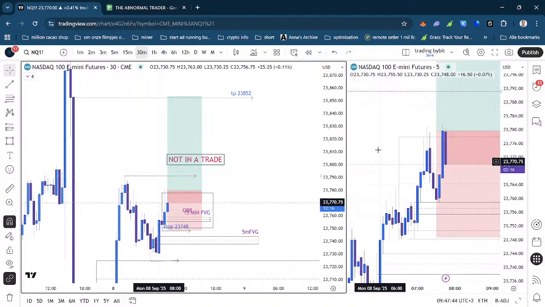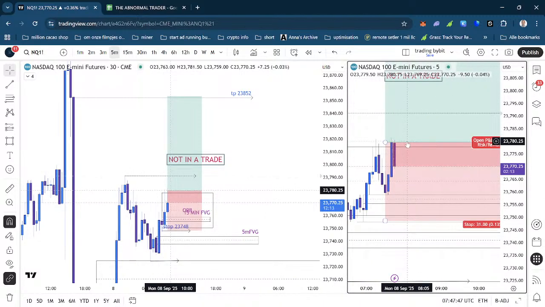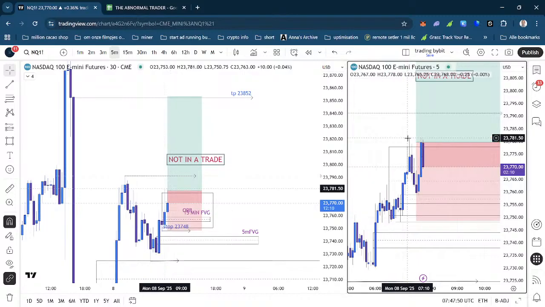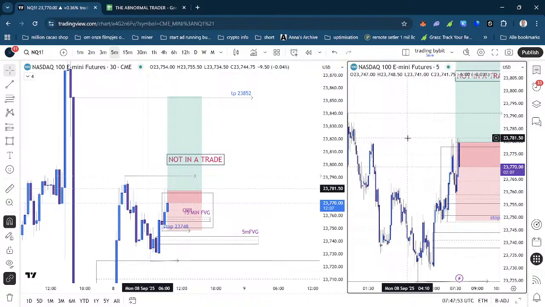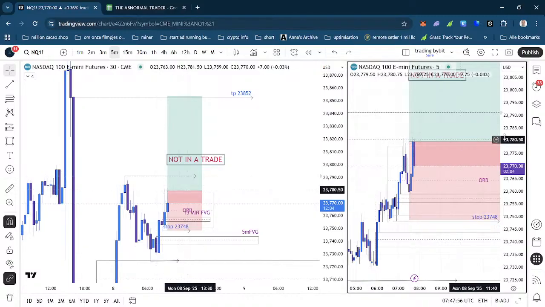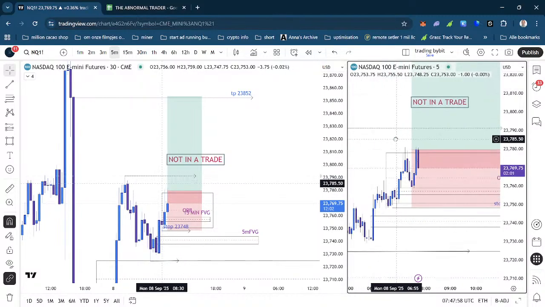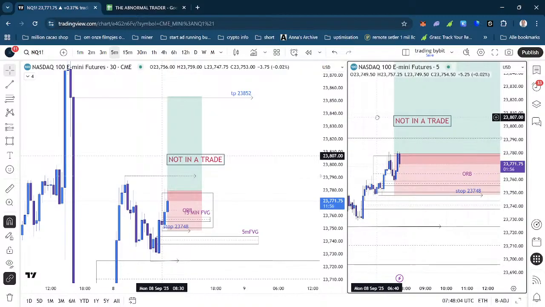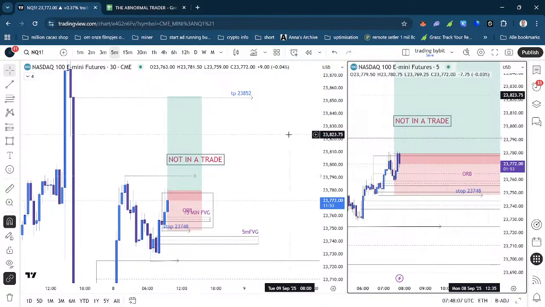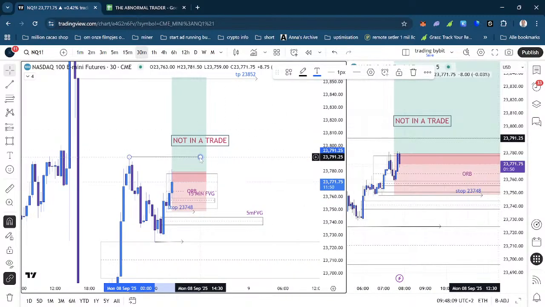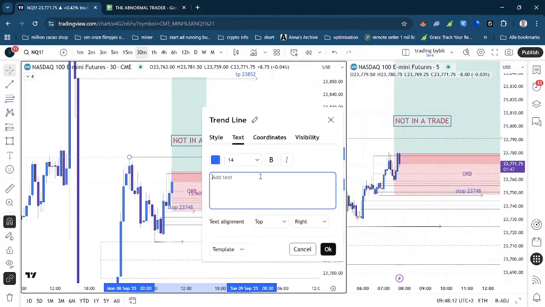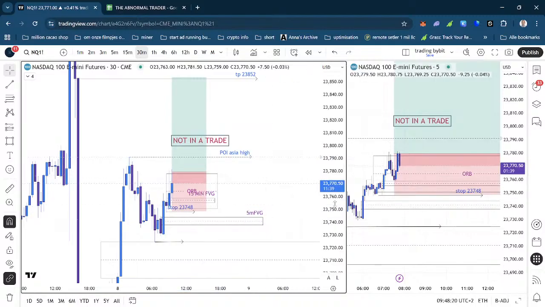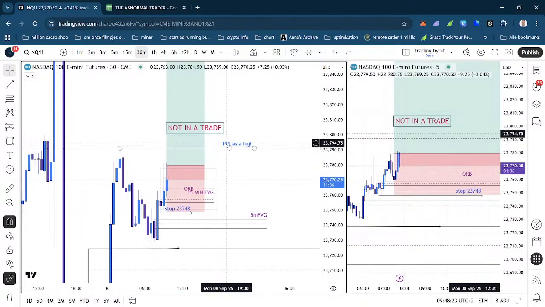That was a very strong reaction back down. So POI stands for point of interest, by the way.